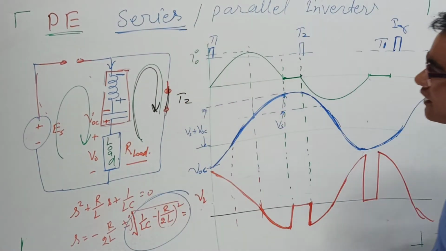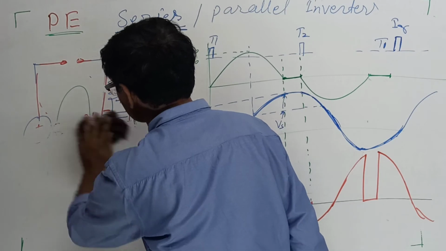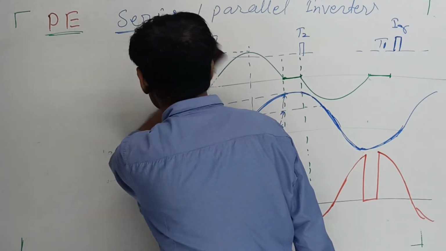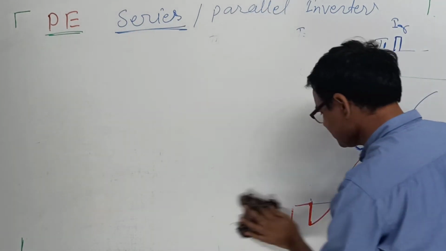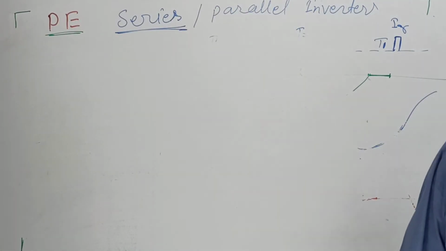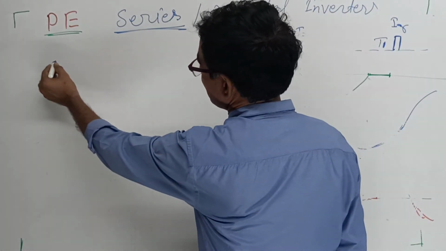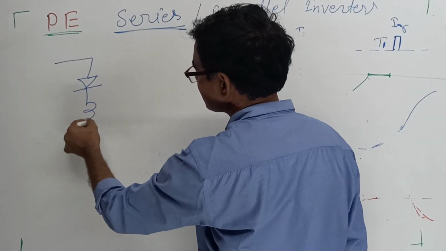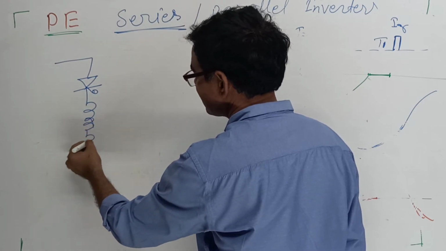So some alterations and modifications are required in this kind of circuit. A series inverter with some good modification uses only one power cycle or two elements, like this one is the inductor, the other is the switch, and this is the energy storing element.